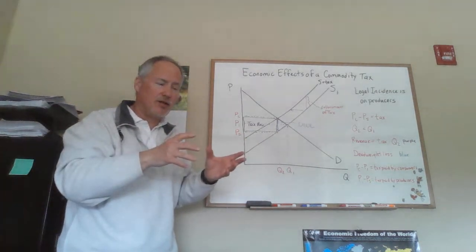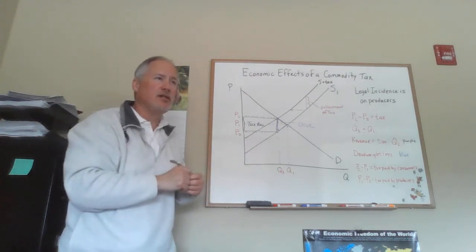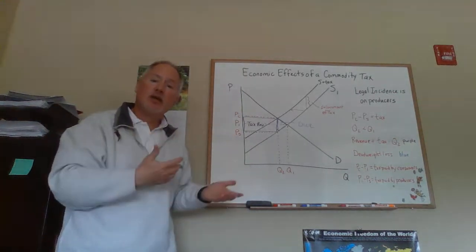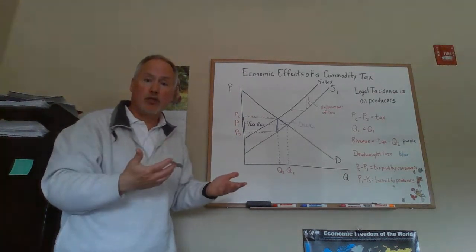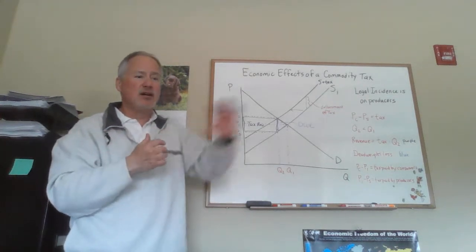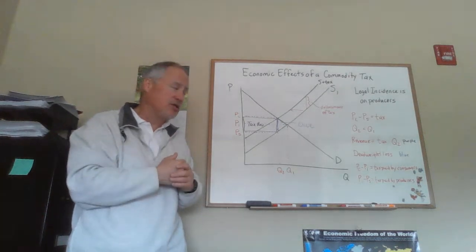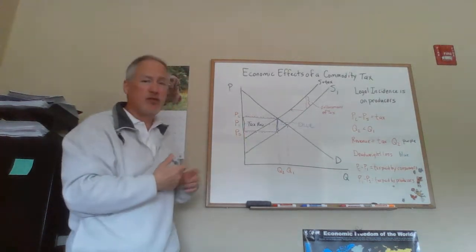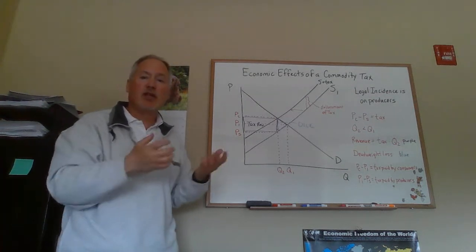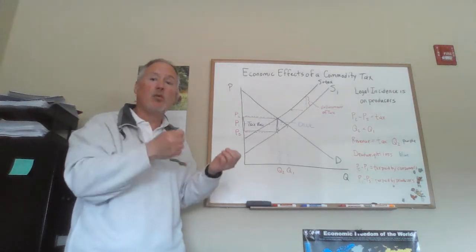The legal incidence is 100% on the suppliers, but the economic incidence, based on comparing the equilibria, is shared. We have some tax shifting going on, but the suppliers cannot arbitrarily pass all of the tax onto the consumers. It ends up being shared, and that's the general case. So there we have it, those are the economic effects of a tax, and we get that by comparing the equilibrium without a tax to the equilibrium in the market with a tax.